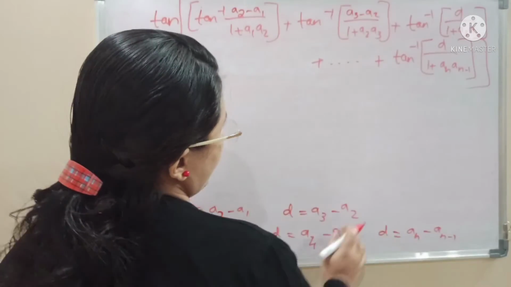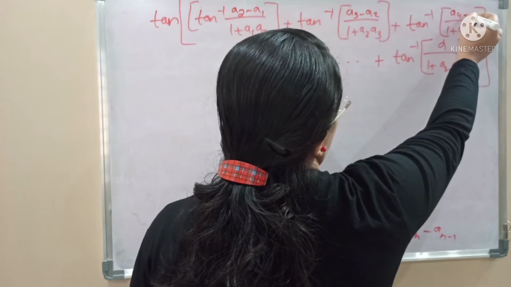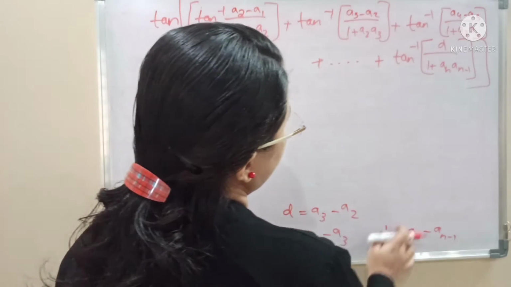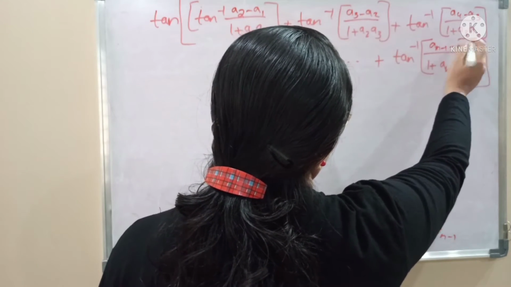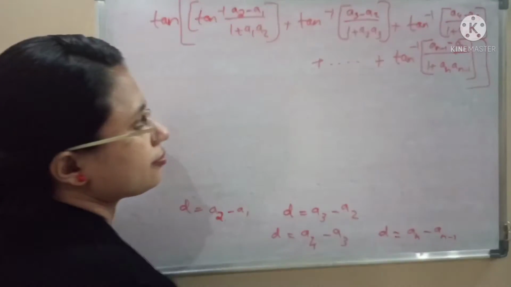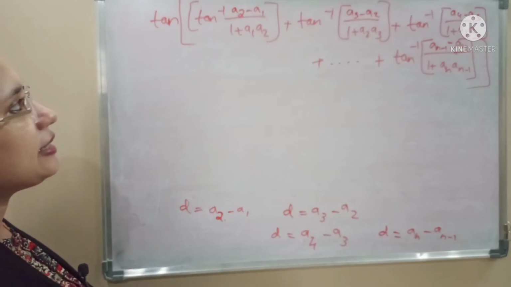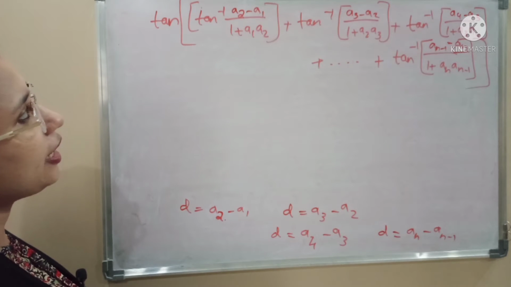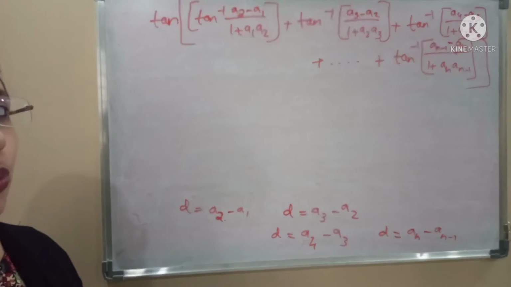For a3 and a4, this can be a4 minus a3, and finally for an minus 1, it will be an minus an minus 1. Fine. Now let's see here. We have tan inverse a2 minus a1 divided by 1 plus a1 a2.